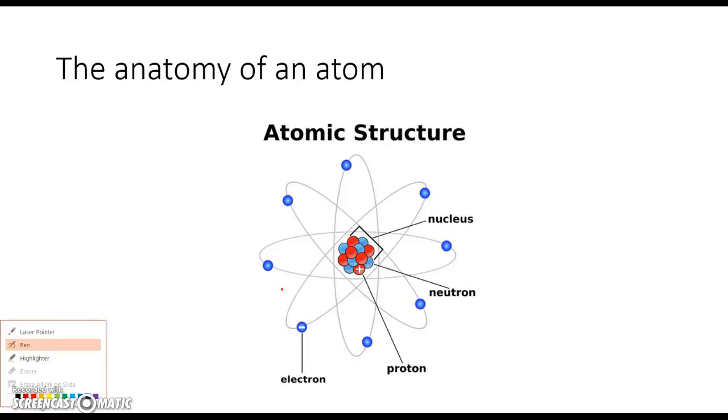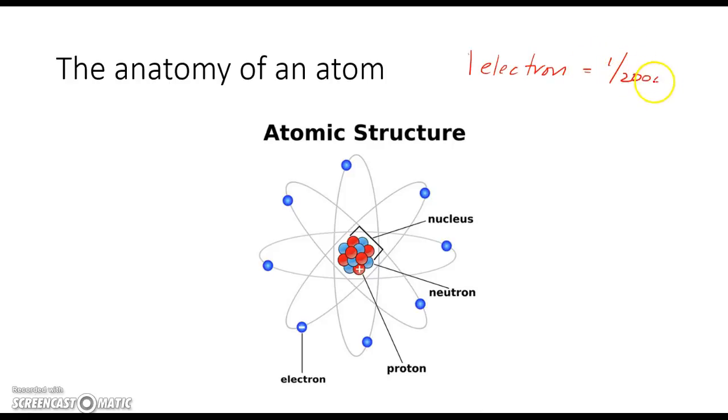So like they said in the video, most of atoms are actually just made up of space. In fact, one electron is about 1/2000th the size of a proton. So those electrons are really, really small, and they have some very unique features.